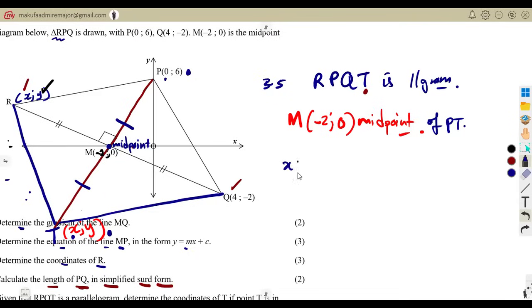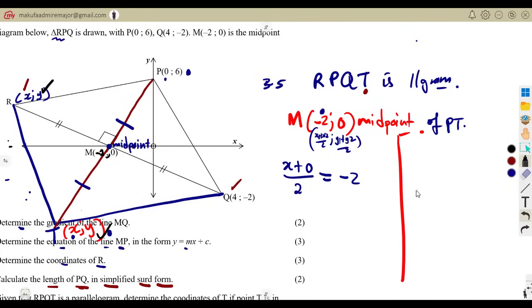Remember the midpoint concept, guys: x1 plus x2 over 2, y1 plus y2 over 2. You're supposed to obtain the x value at M, which is -2, the same way we did on point R. You do the same thing on the y value.